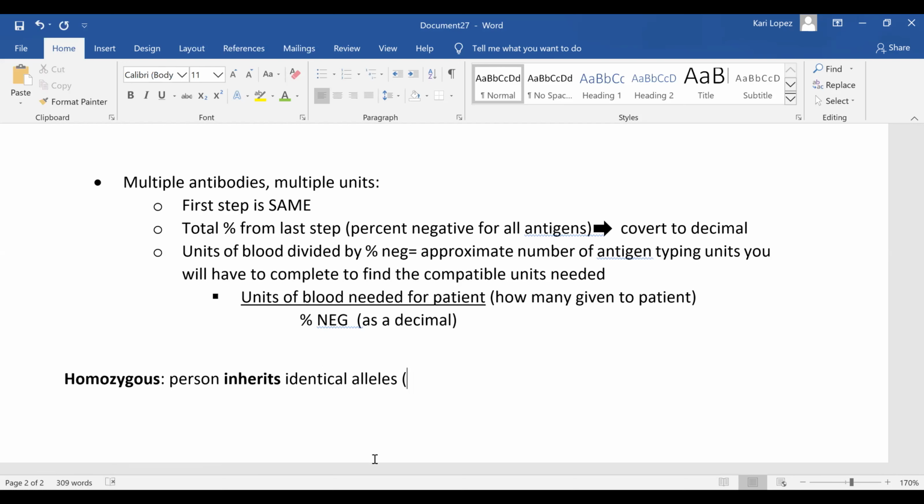An example of these would be group A phenotype and genotype AA, or someone whose phenotype is group B and genotype is BB. What they have is a double dose of antigen.